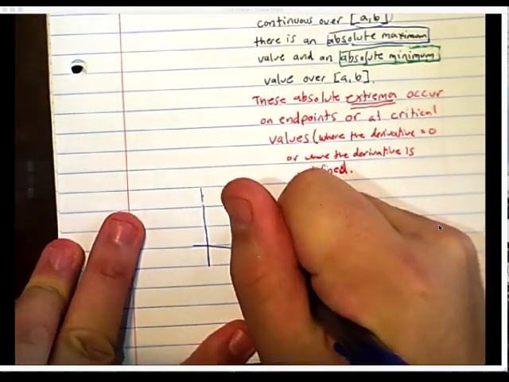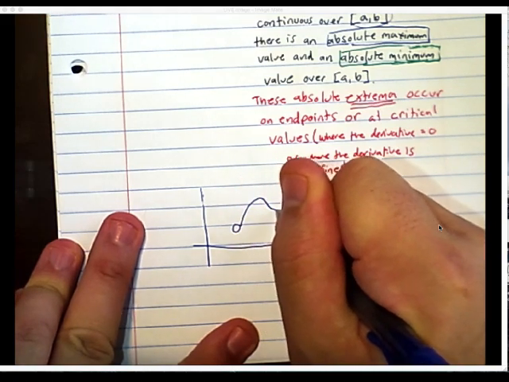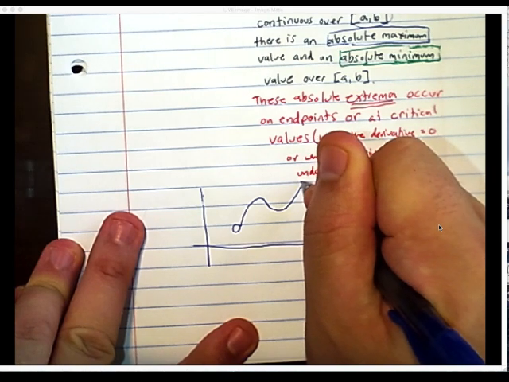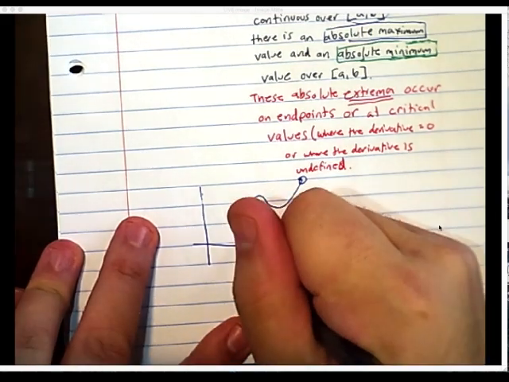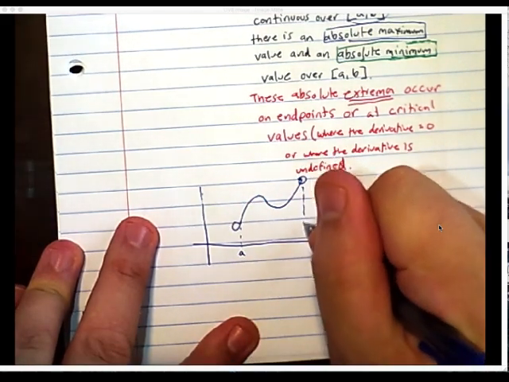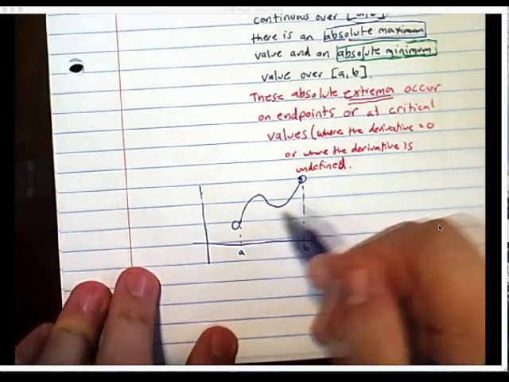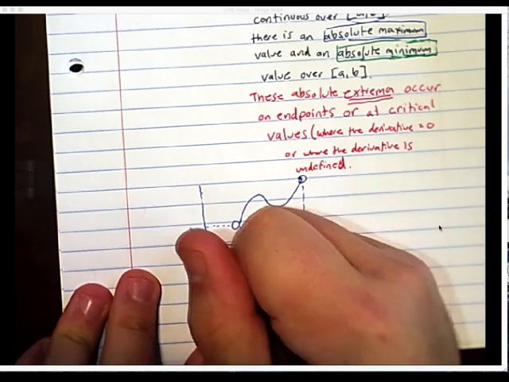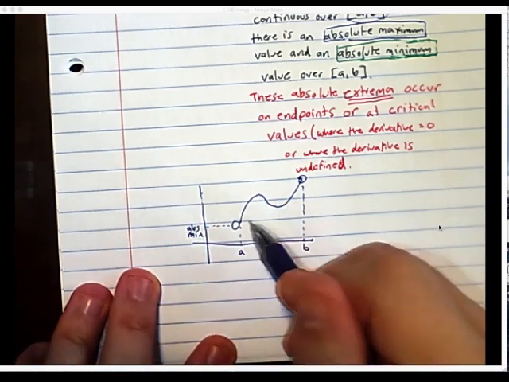Okay, so for instance, if you had a graph like this, okay, if you had open circles instead, all right, this graph does not have an absolute minimum, because you might think that this is the absolute minimum, but we don't actually ever get to that y value.